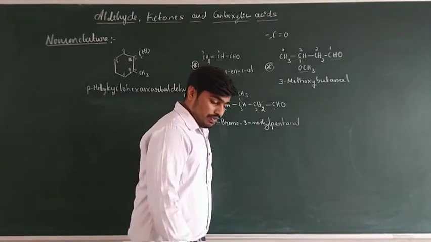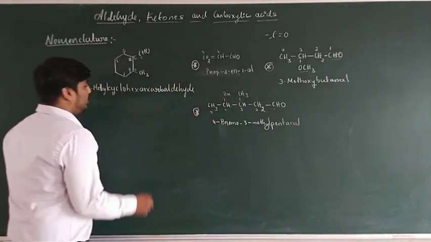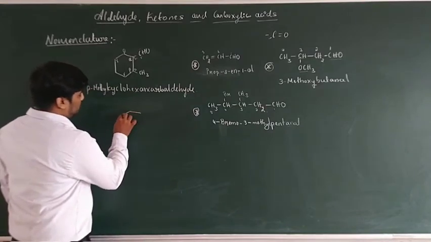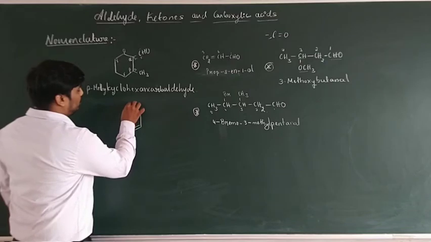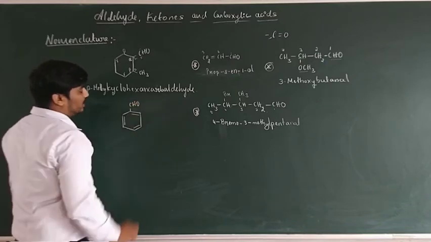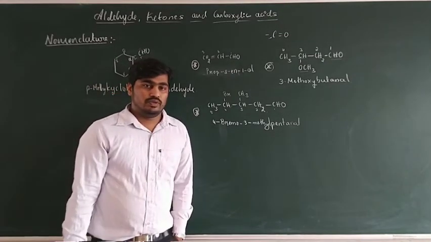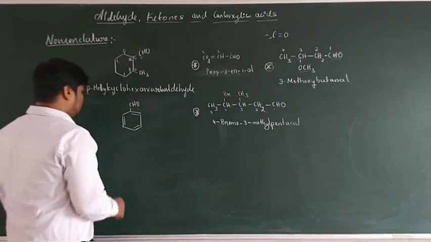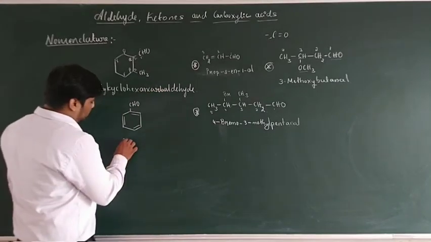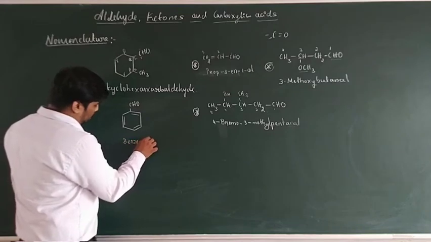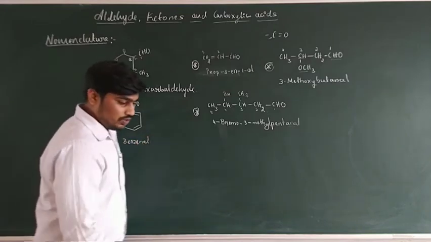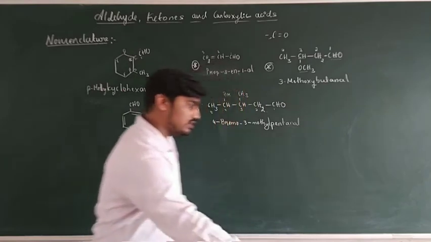Next, in case of aromatic compounds, aromatic means derived from the benzene ring. Suppose the benzene ring contains CHO. According to the IUPAC system, it is benzenecarbaldehyde. Correct? Yes, it's correct.